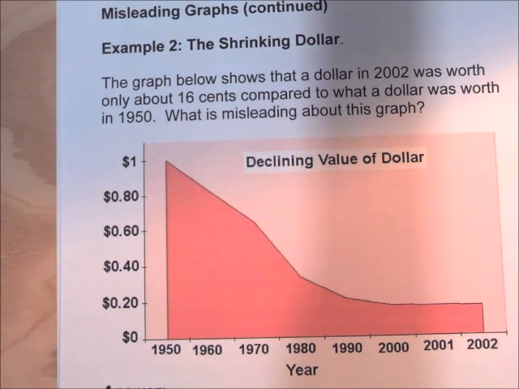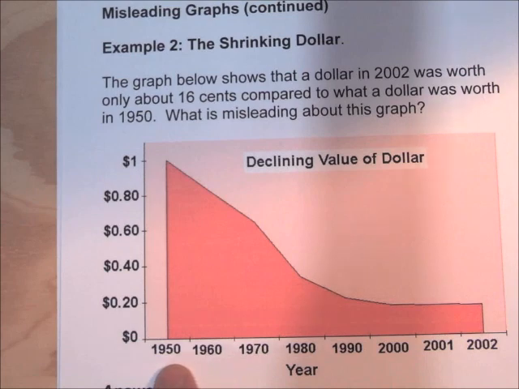And what is misleading about this graph? If you look at the scale, the tick marks are every 10 years initially. Over a 10-year period, you're likely to see more of a decrease than you would over a 1-year period.